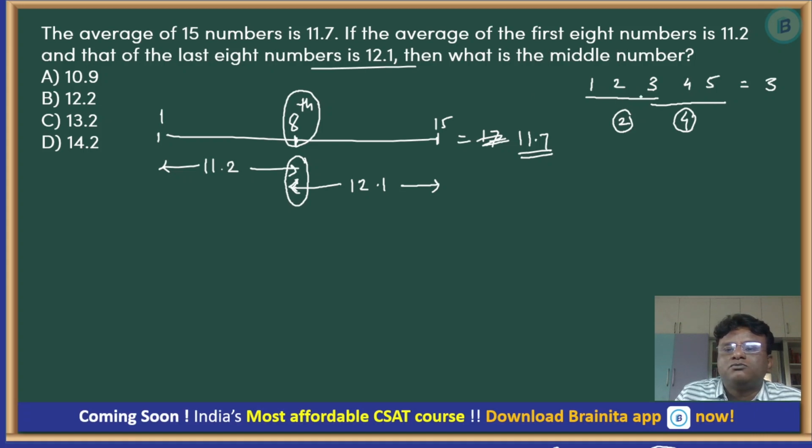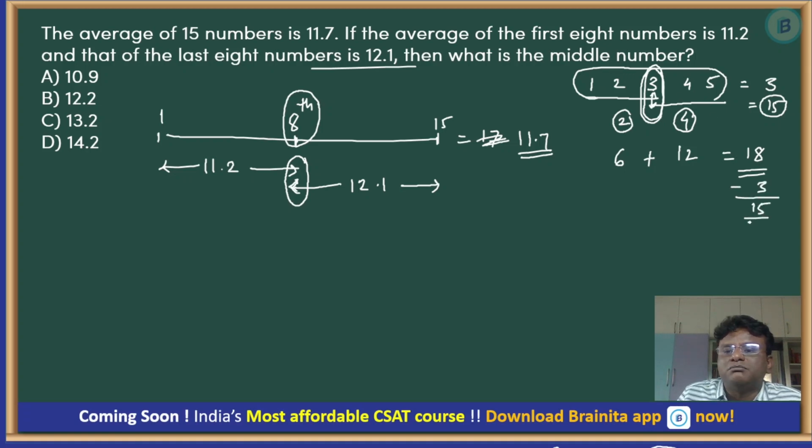So what is the sum of this bracket? The sum of this bracket is 2 into 3, 6. Sum of this bracket is 4 into 3, 12, and 12 plus 6 is 18. But the sum of these 5 numbers is 15. Why? Because you are double counting 3, the middle number. So you need to reduce that once to get the actual sum. Okay, so this is the concept.